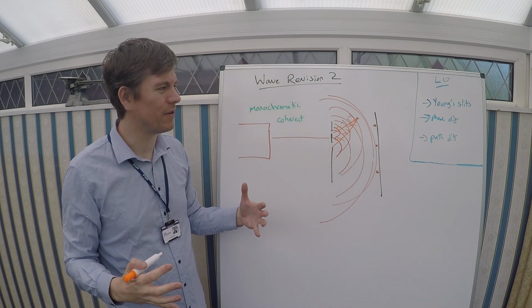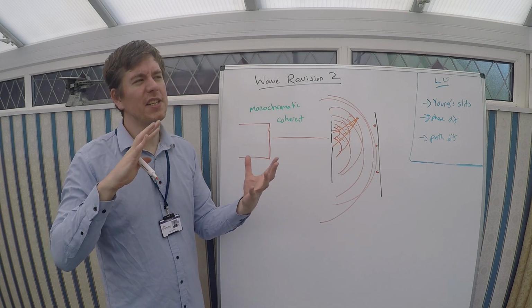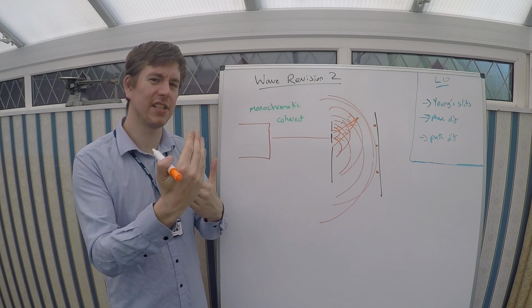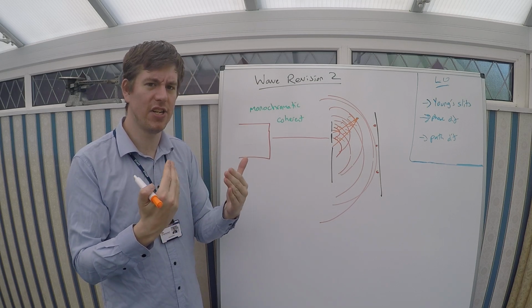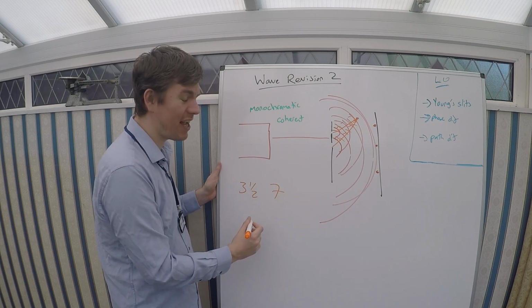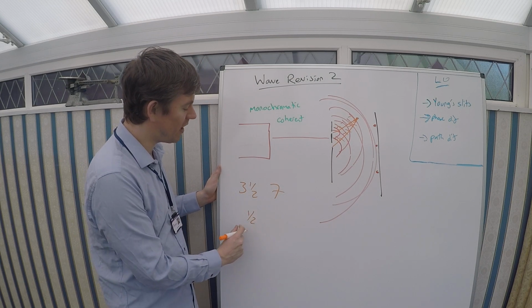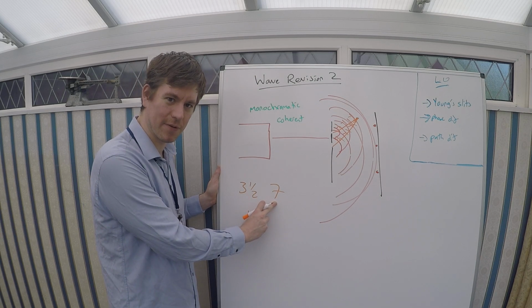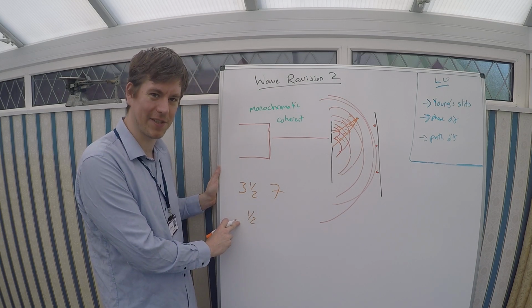So path difference doesn't care about the absolute difference. All it cares about is the fractional part. In other words, if one went 3.5 and the other went 7, they'd have a path difference of 0.5, because this had done 3 full cycles and 0.5, and this had done 7 full cycles, so this would now be half a cycle out.